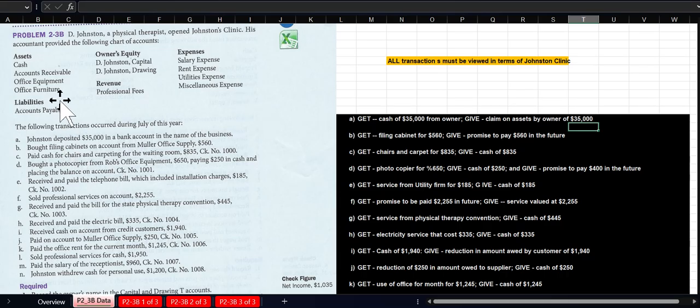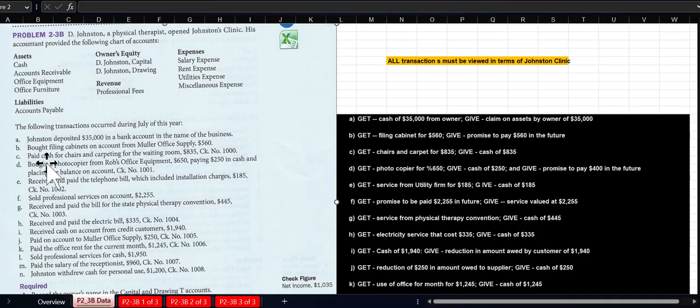So for the first one, we would use the cash because the business had a get of cash, and we would use the equity, which is the D. Johnston Capital account, to record that transaction. Then we go down to where the business, remember from chapter 1, by the way, that this would be an example of a financing activity.